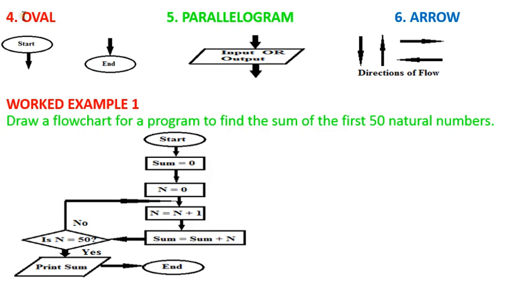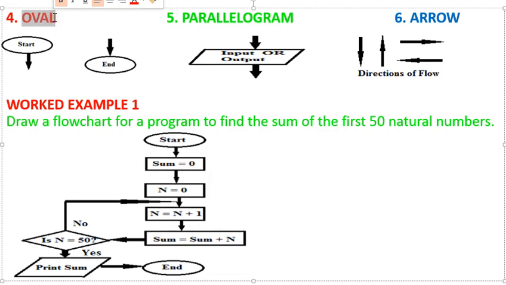The symbol number 4 in drawing a flowchart is called an oval, and it is used for doing 2 things: either starting a program or ending a program. When the oval is used for starting a program, you can see that it has only 1 exit and no entry point. When it is used for ending the program, it has only 1 entry without an exit.